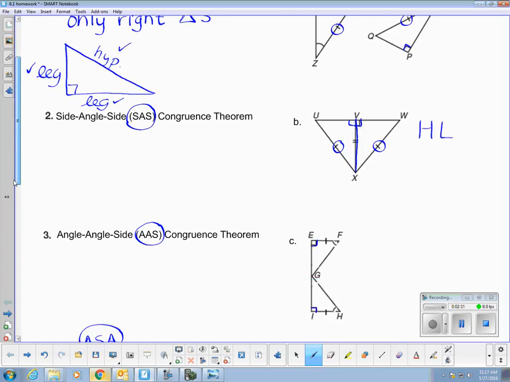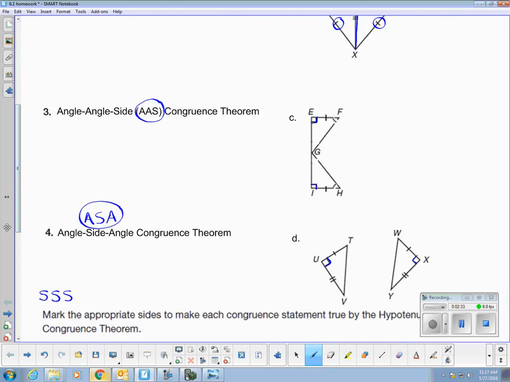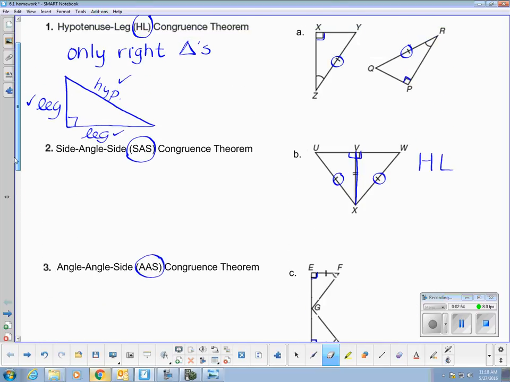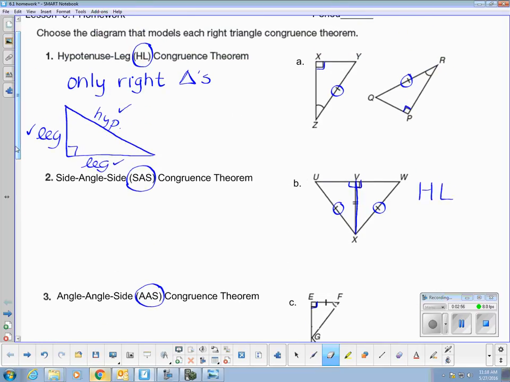If we scroll down, in the letter C, we do not have the hypotenuses congruent. There's no mark on these two sides. So this cannot be hypotenuse leg. And again, in the letter D, the hypotenuses are not marked as being congruent, so they cannot be congruent by hypotenuse leg.